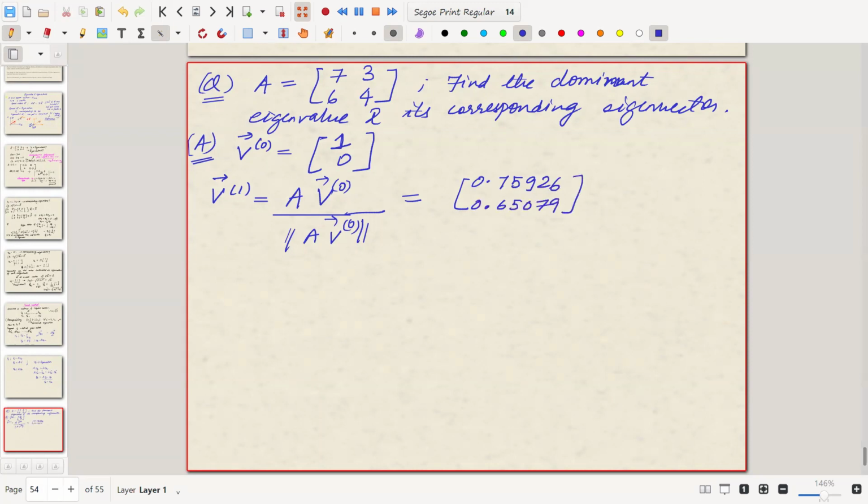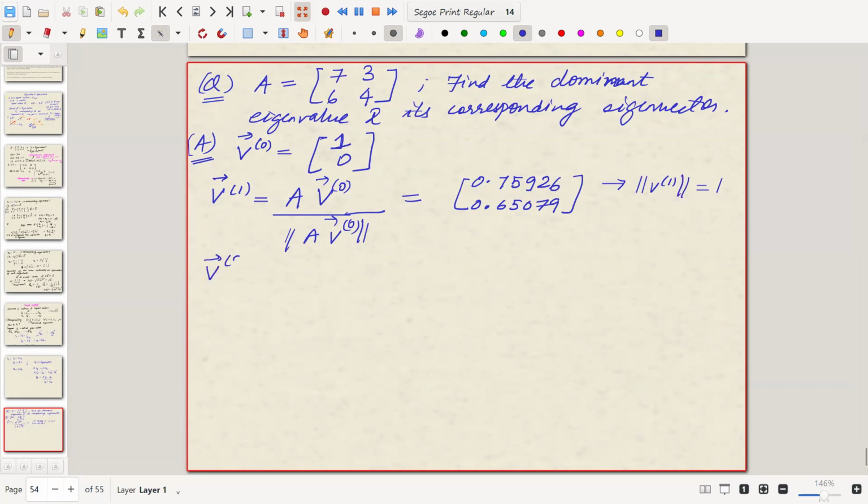This is the first vector after your initial guess. This is V1. You can take the magnitude of this vector and confirm that the magnitude of this vector is 1.